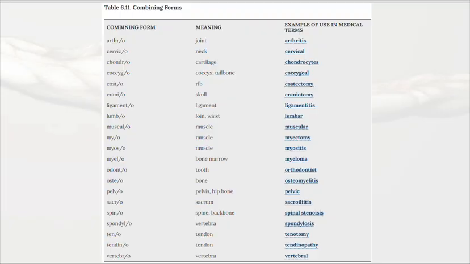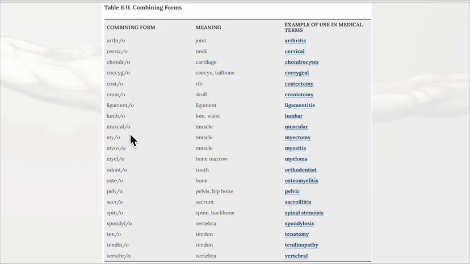Here we have the many combining forms that are associated with the musculoskeletal system that we've talked about previously. So cost versus chondr, referring to cartilage. Cost is rib. Cranio, skull, just as a review. Lumbo is referring to loin or waist, so the lumbar spine, for example.